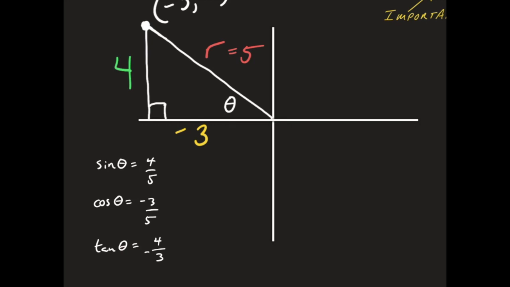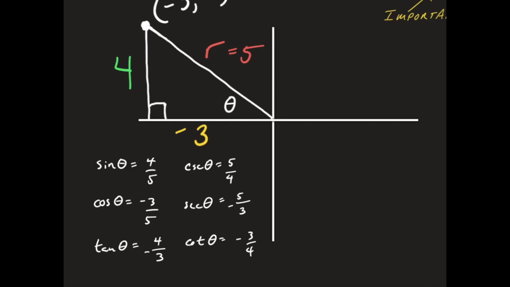There's my first 3, and all I need are the reciprocals. Cosecant, 5 over 4. Secant, -5 over 3. And then cotangent, that happens to be -3/4. And there are all 6 of your trig ratios.